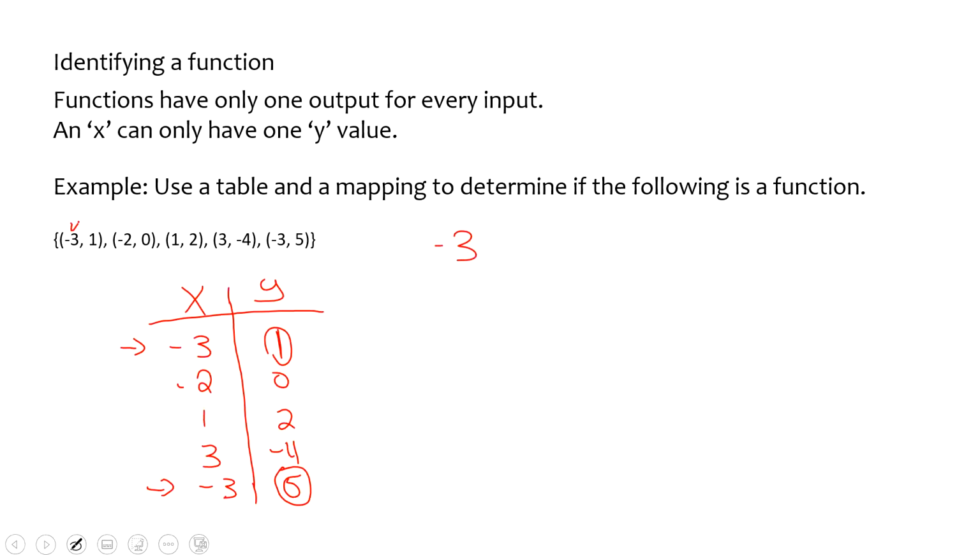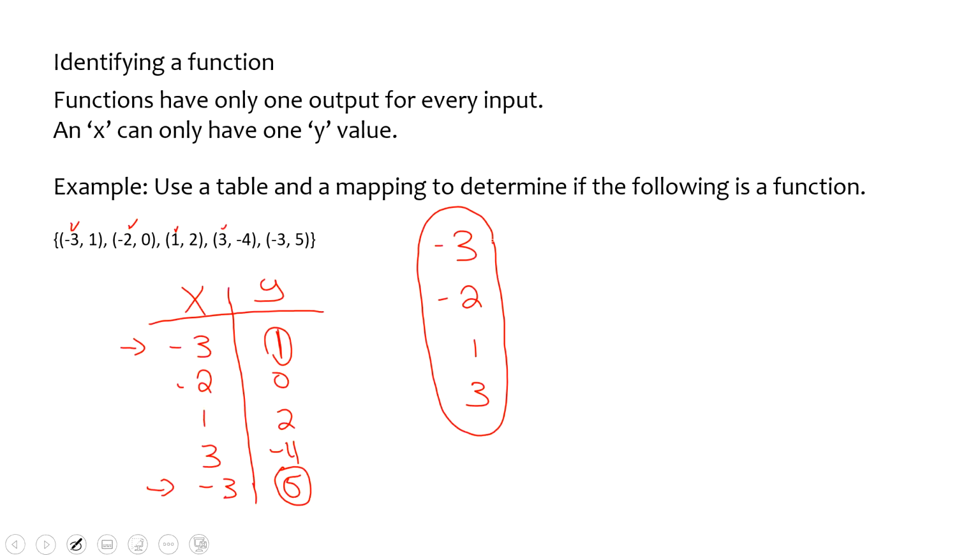I'm doing all the x's first because it's just easier for me. My next number is -2. So list them vertically. -2 collected. I have a 1. That's good. I have a 3. That's good. And I have another -3, but I've already listed that, so I leave that alone. And then I circle those around.